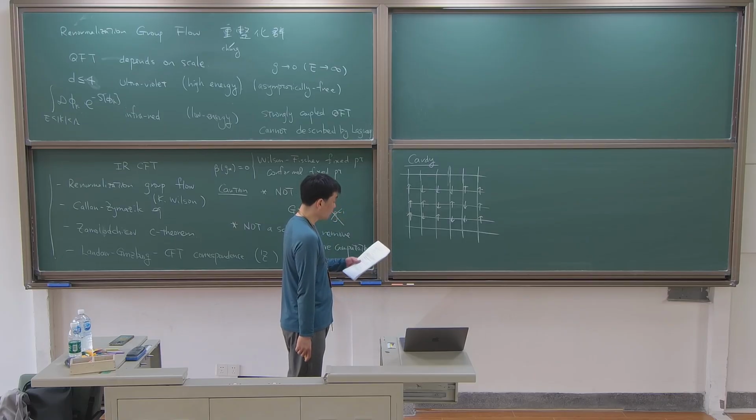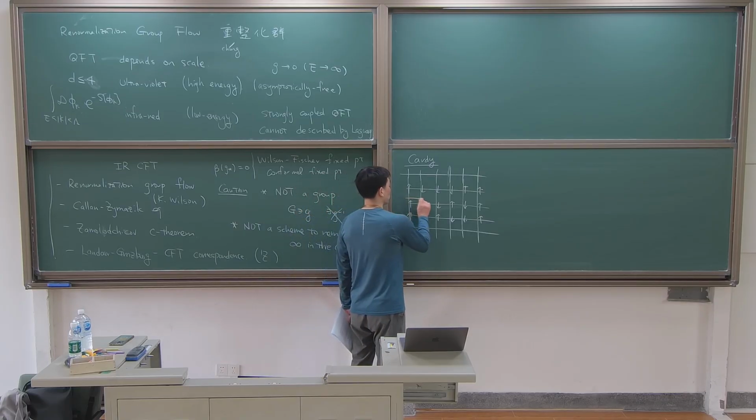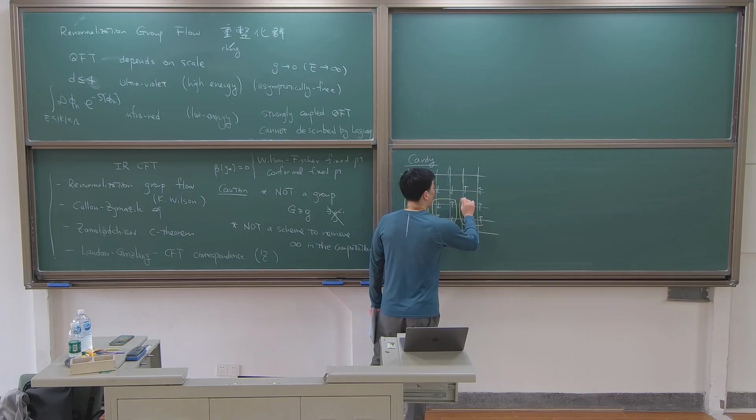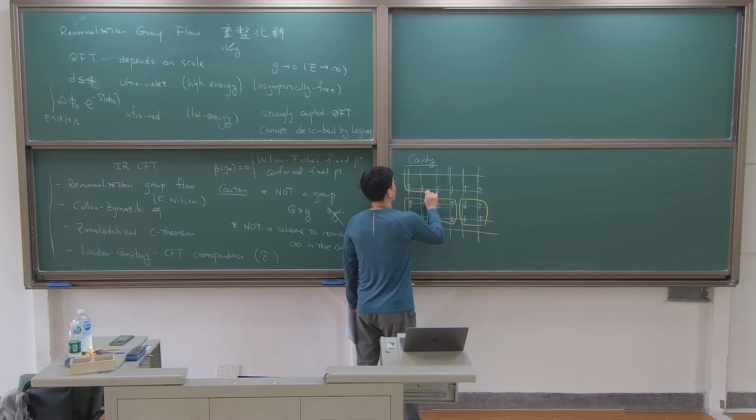and then we can just integrate over. You can do the so-called coarse graining. You can just consider the average of this big chunk.